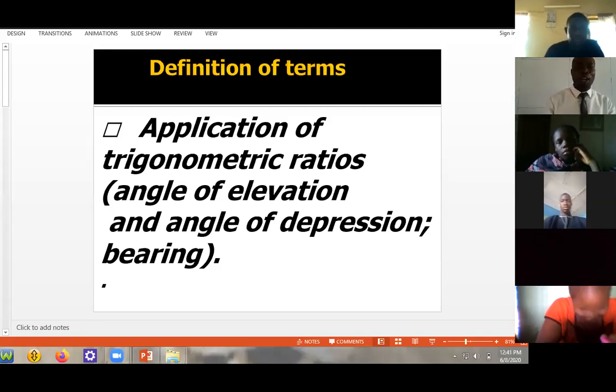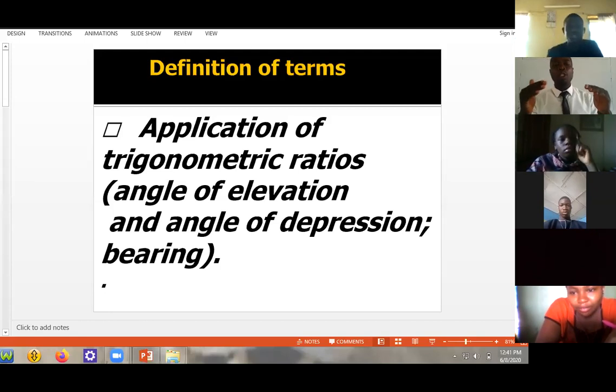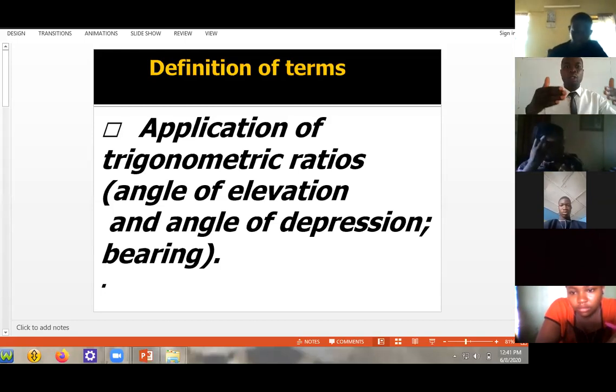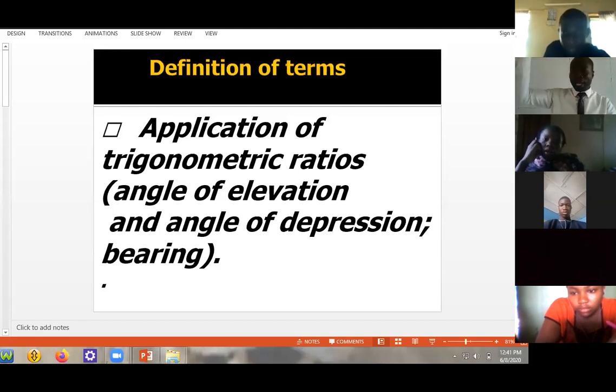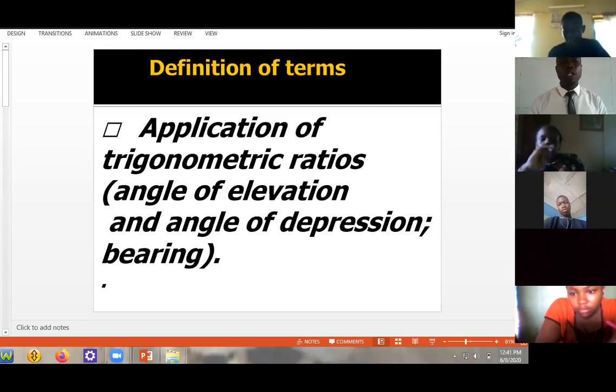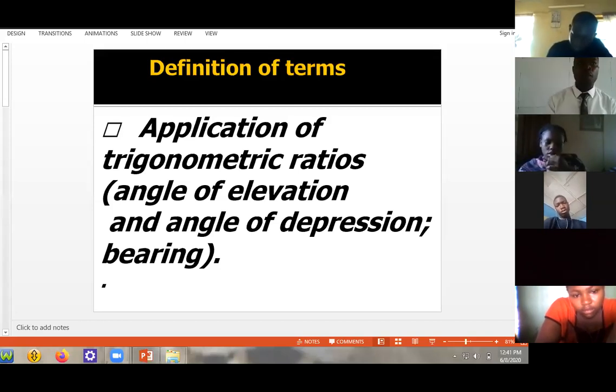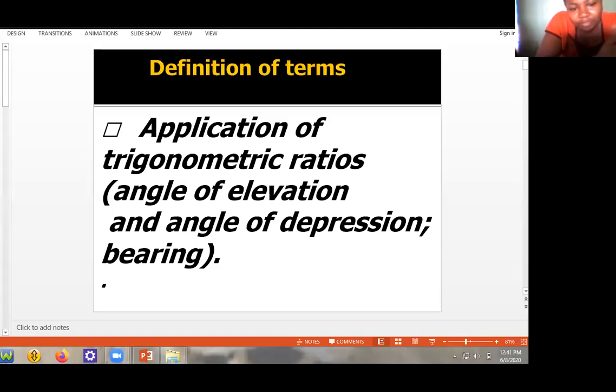And at times you may be looking straight and you want to look at something on the ground. Then you need to look down and change your sight. Because you are depressing your eyes, that angle is called angle of depression.